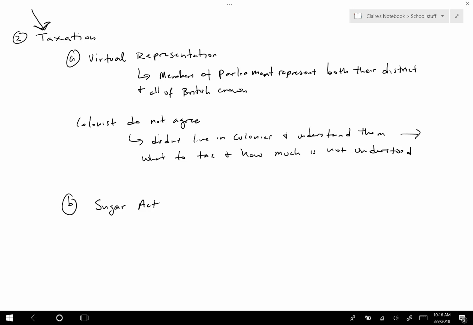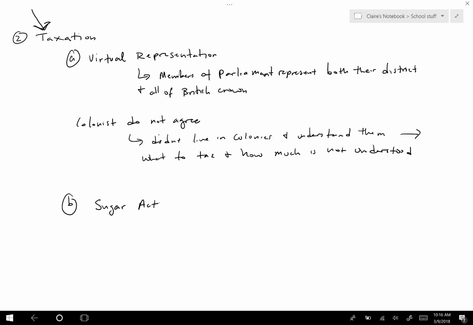It was like, no, for example, the Sugar Act, we're going to put this tax out and it's going to lower prices, so who's going to be mad about that, right? And that's not exactly how it worked for various things. And it's going to be the same thing later with the Townshend Acts.